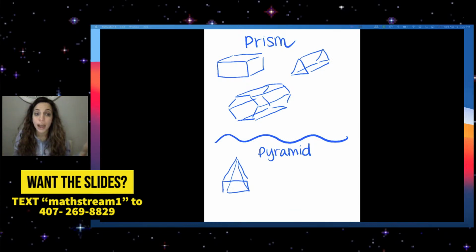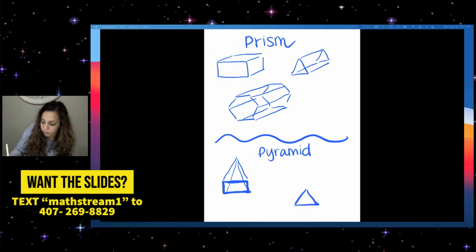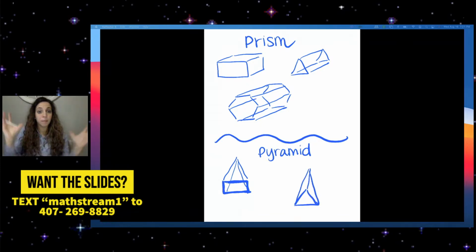So the number of triangles is going to equal the number of sides on my base. So this base is a rectangle. So it's going to have 4 triangles going up because I have a triangle on this side, a triangle on this side, a triangle on this side, and a triangle on this side. I can have a triangular pyramid. Same thing. I have a triangle on the bottom and then 3 triangles going up.